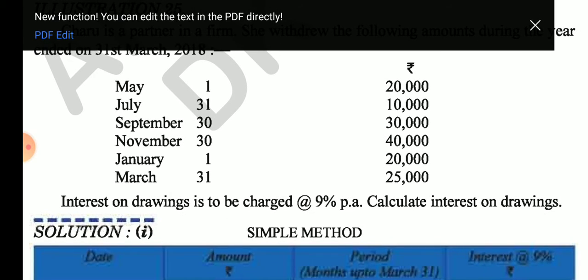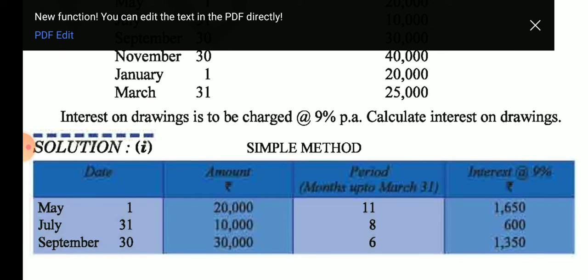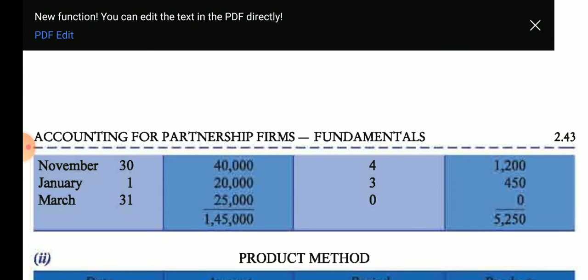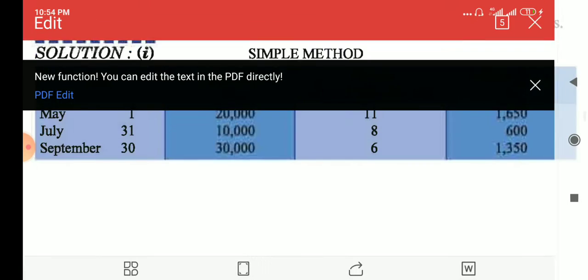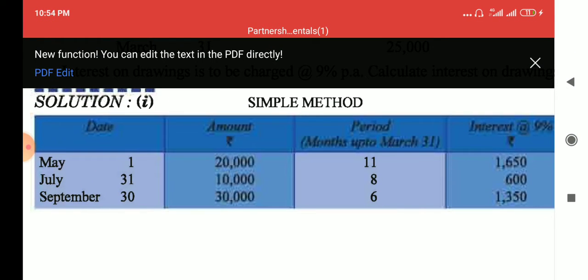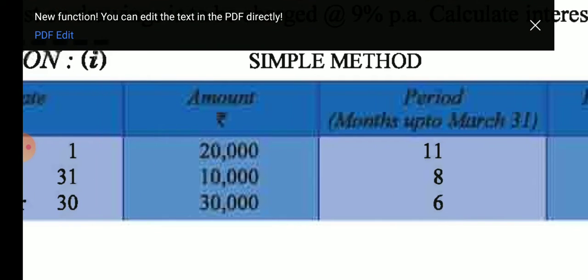So from 1st May to 31st March is 11 months, 31st July to 31st March is 8 months, 30th September to 31st March is 6 months, 30th November to 31st March is 4 months, then January to 31st March is 3 months, and 31st March to 31st March is 0 months. Then we multiply these months with the amounts.